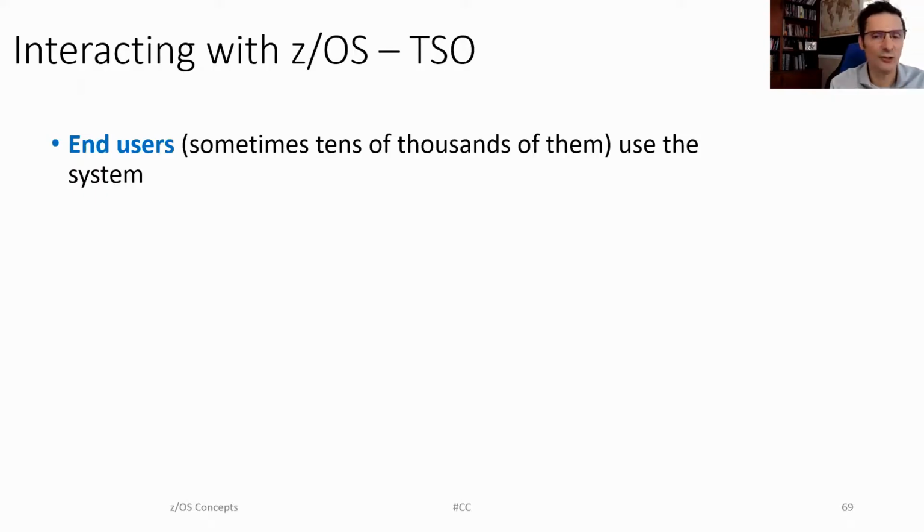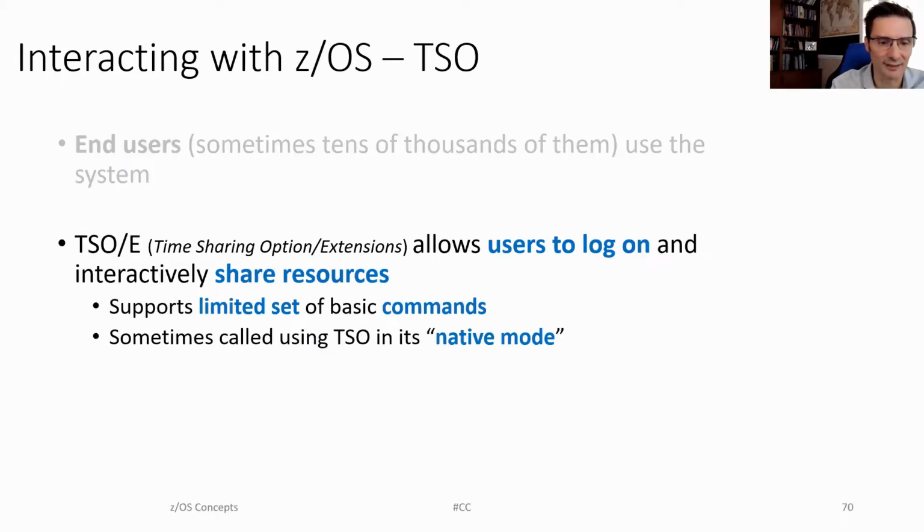Okay, let's talk about how we interact with zOS a little bit. First of all, we mentioned that end users, sometimes tens of thousands of them, may use the system at any one time. So how are we going to manage all of those users running on the system? Well, TSO allows users to log on to the system and interactively share resources.